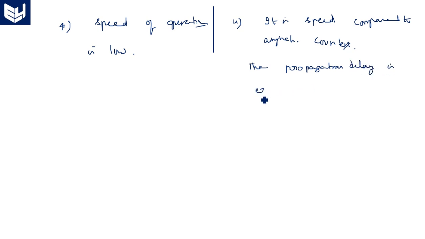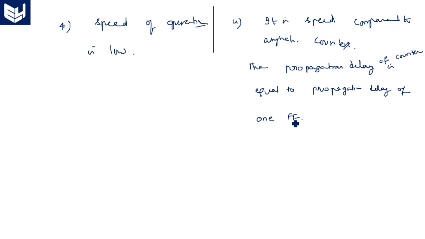The propagation delay is equal to the propagation delay of one flip-flop. Okay, if you calculate the propagation delay of one flip-flop, that will be equal to the propagation delay of the entire synchronous counter.